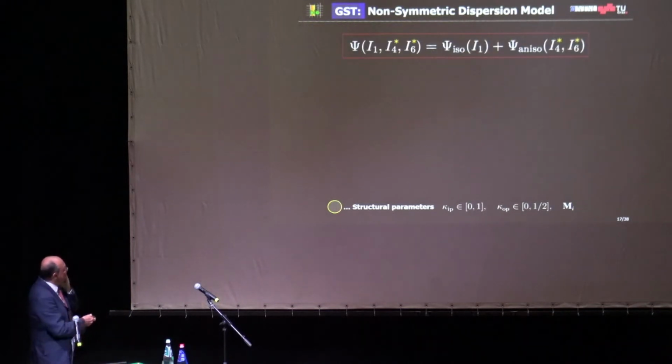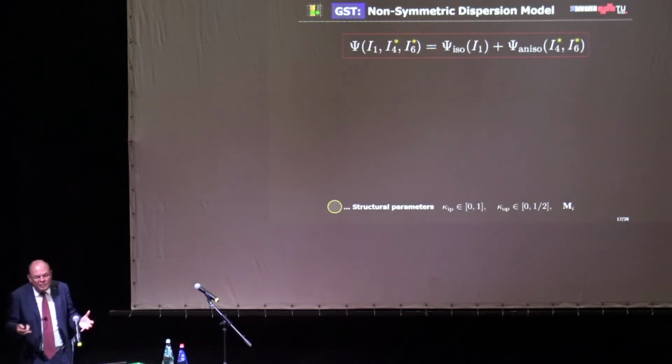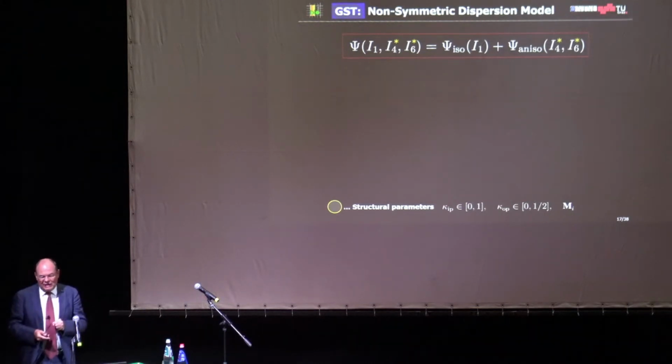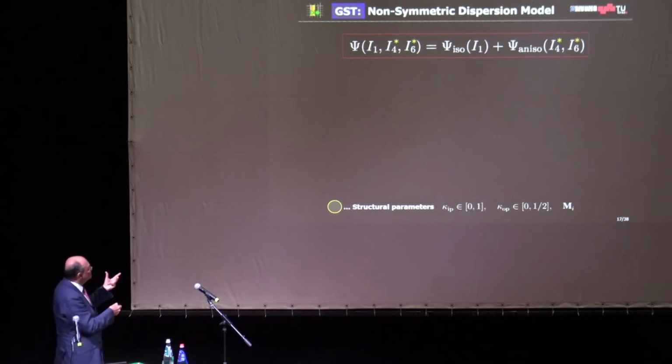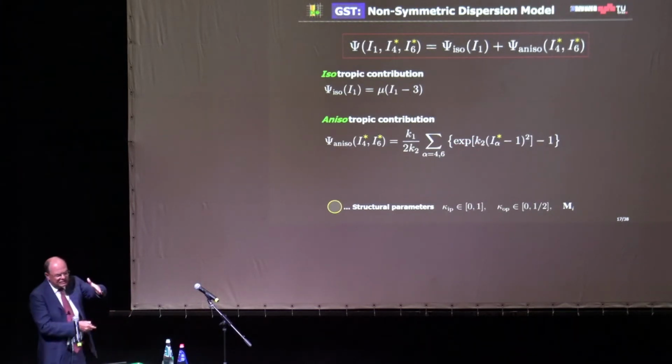So how does the mechanics now go? So this is structure. We just take this strain energy function. This is now a function of I1, isotropy, and these two more complicated invariants. So it's invariant based. That's important. Don't use any Green-Lagrange strain components here, because you really want to be independent of the coordinate system. So we use invariants. For the isotropic material, we use just a neo-Hookean material, and for the anisotropic part, we use an exponential function. You have seen this curve going up.